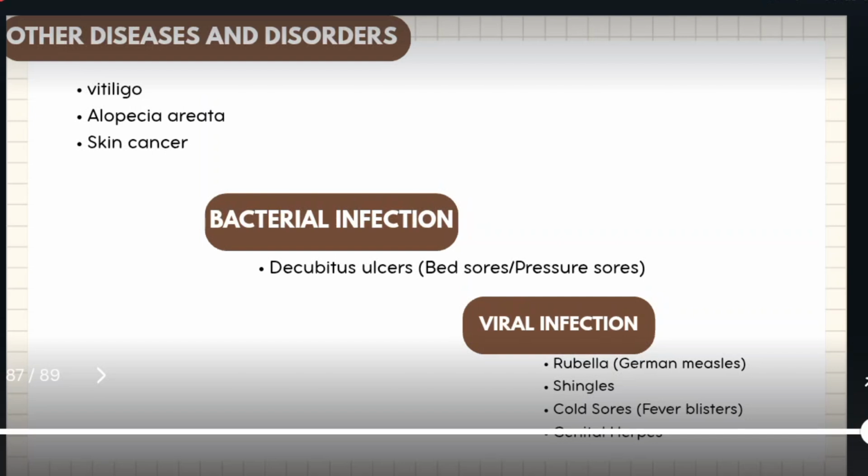Shingles is a painful skin rash with blisters caused by the same virus as chickenpox. It can happen in older adults or people with weak immune systems. Cold sores or fever blisters are small, painful blisters that usually appear on or around the lips.